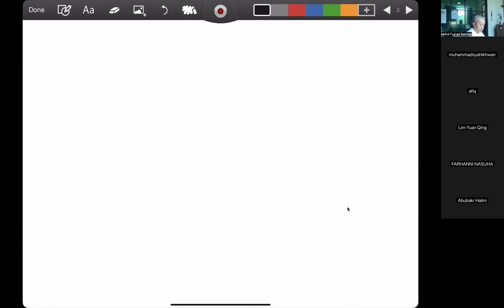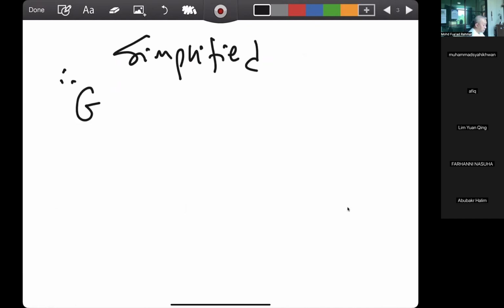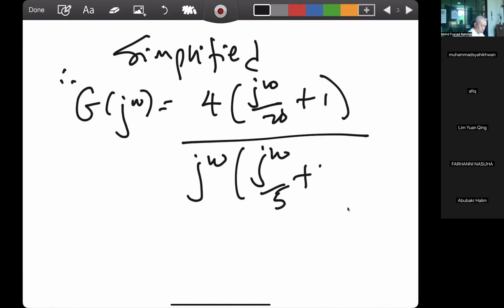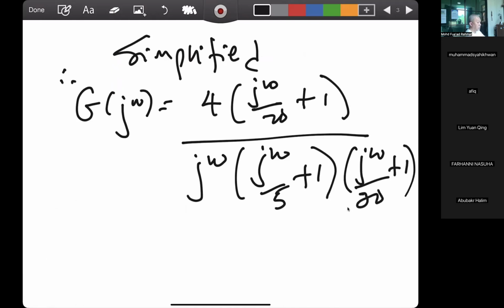So simplify. Okay, so that's the way we simplify and identify the break frequency.